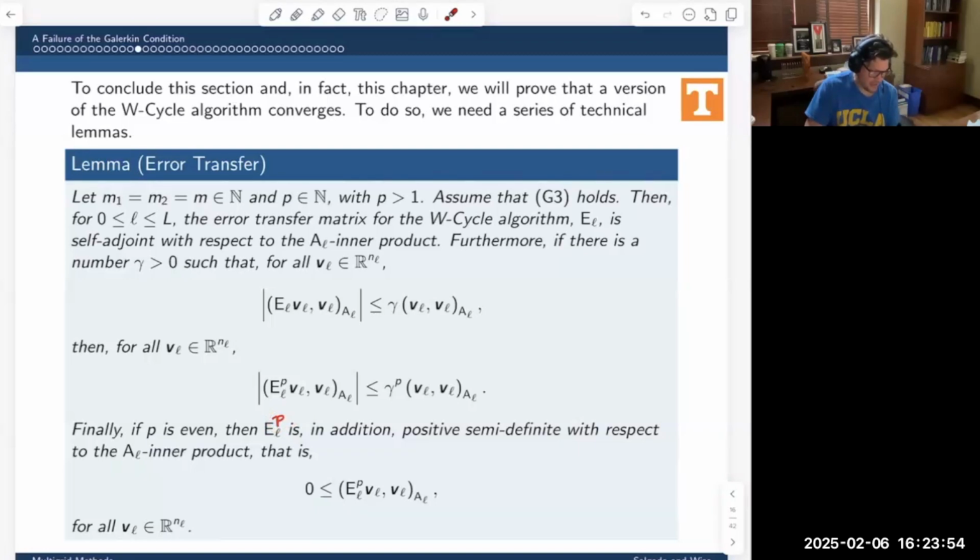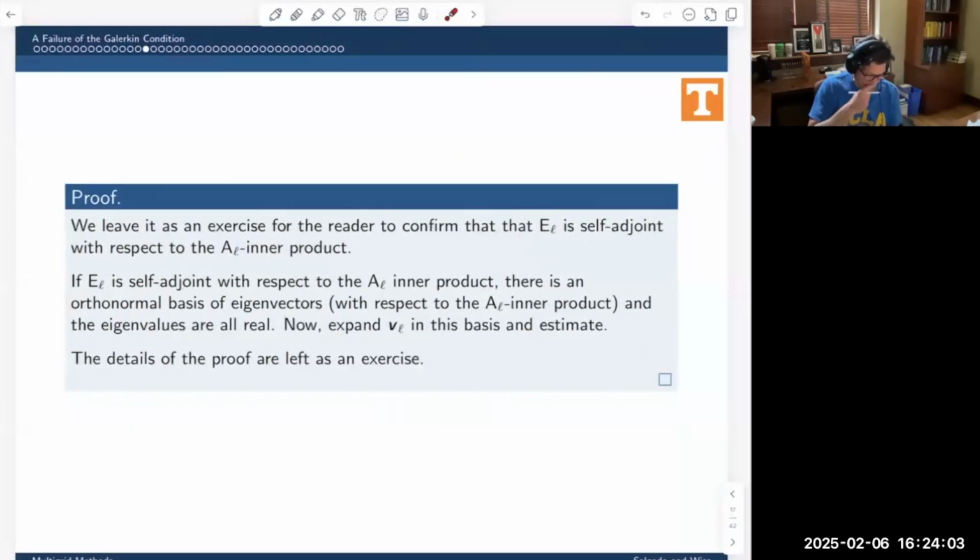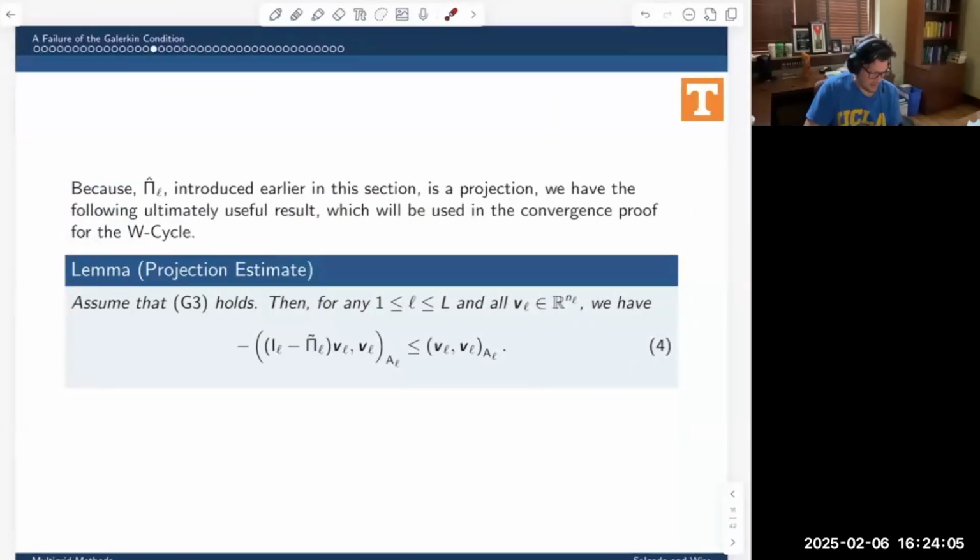This is an estimate that we're going to need in the proof of the convergence of the W cycle coming up. We talked about this last time, and this result we also proved last time. We're going to need this weird operation, and I'll show you where it's needed in an upcoming calculation.